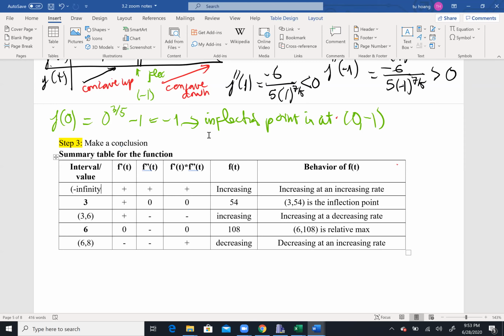To 0, comma, and then at 0, and the last interval is from 0 to infinity, positive.